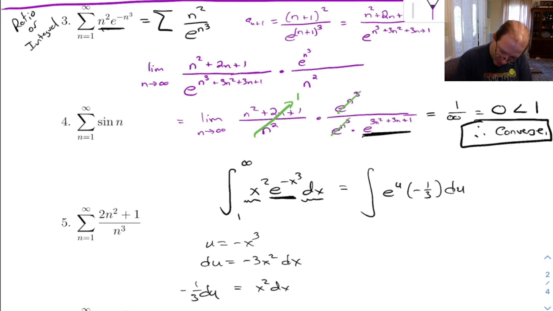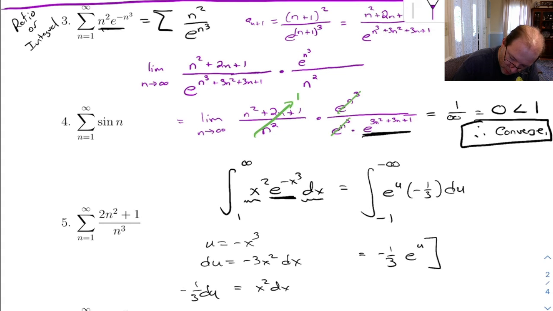And my endpoints, this becomes negative 1. This up here becomes negative infinity. We're taking infinity, cubing it, which still is infinity, and then making it negative. So we get minus 1/3 e to the u from -1 to -infinity.